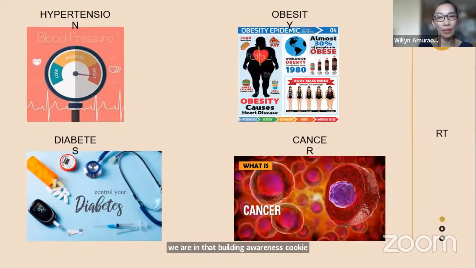We're just fond of buying fast food, like McDo. We have Jollibee. So it can lead to these diseases, hypertension, obesity, diabetes, together with cancer. These are associated with the unhealthy habits of nutritional excess, stress, and also inactivity. We're not doing the exercises anymore.